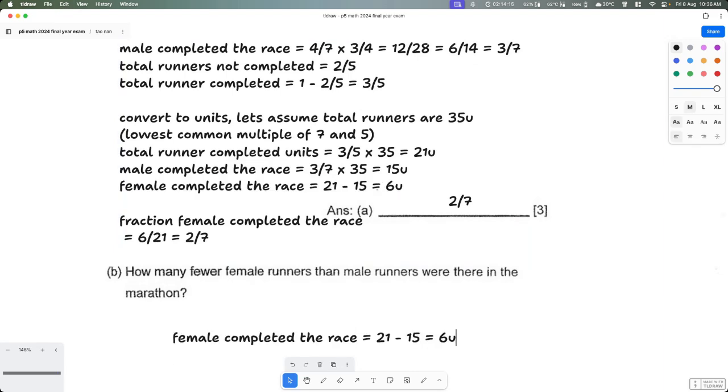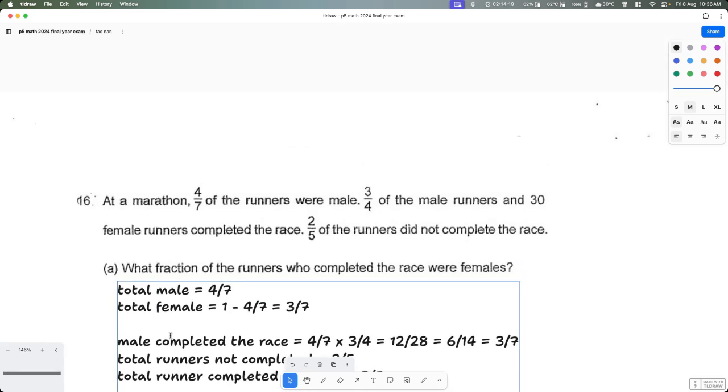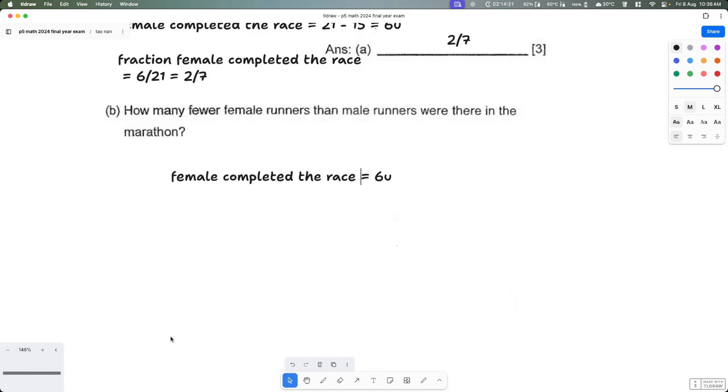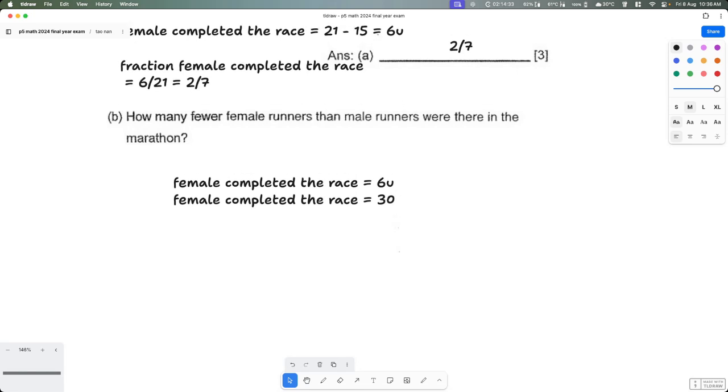We also know that the female completed is 30. So that means 6 units is equal to 30.